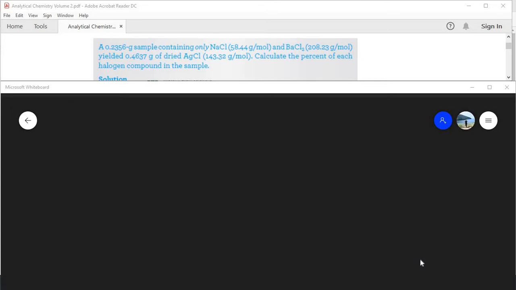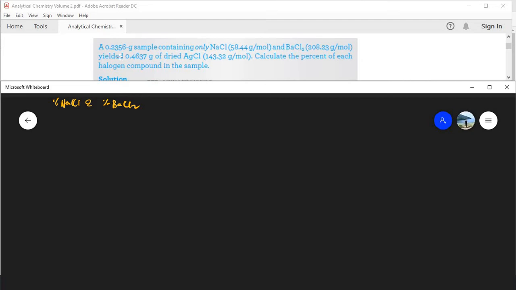So, we're asked to find percent NaCl and percent BaCl2. We are told that the Cl was converted into silver chloride.